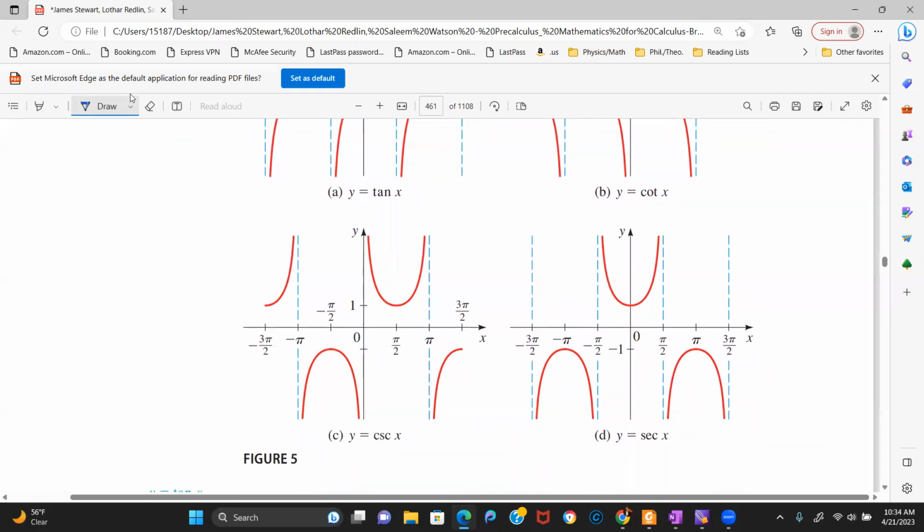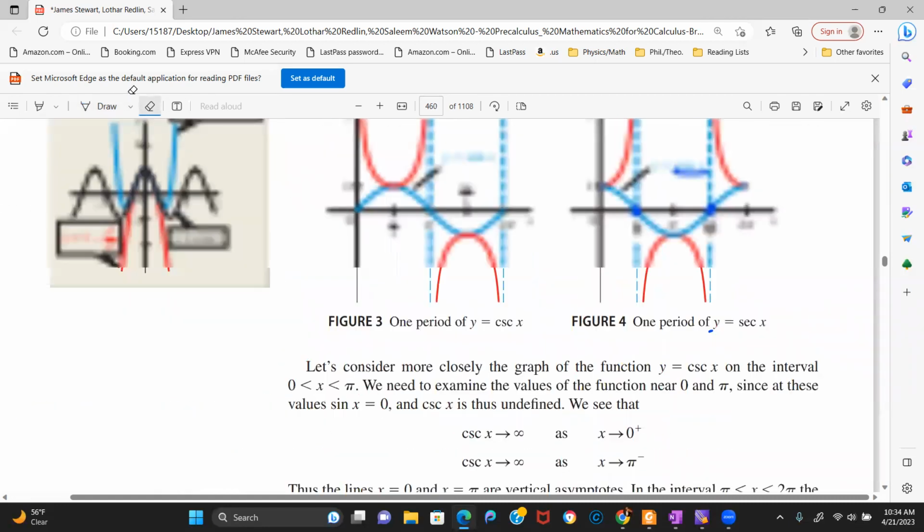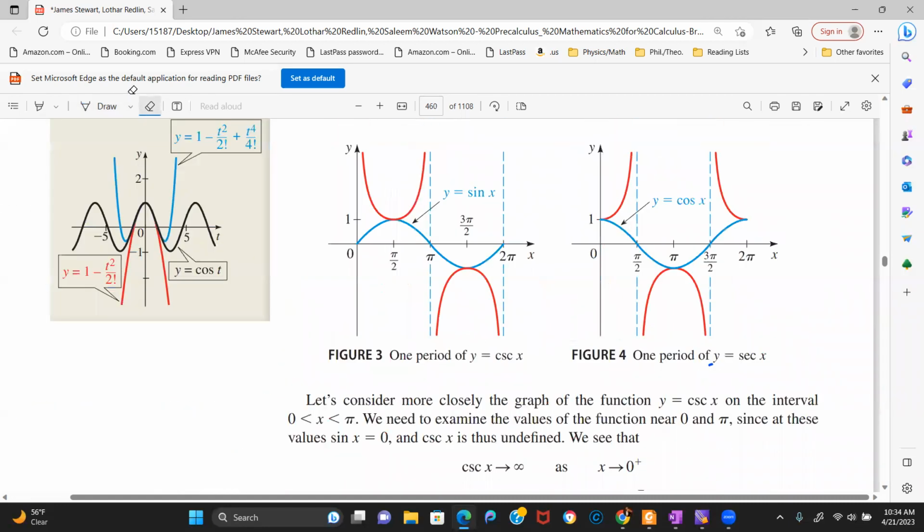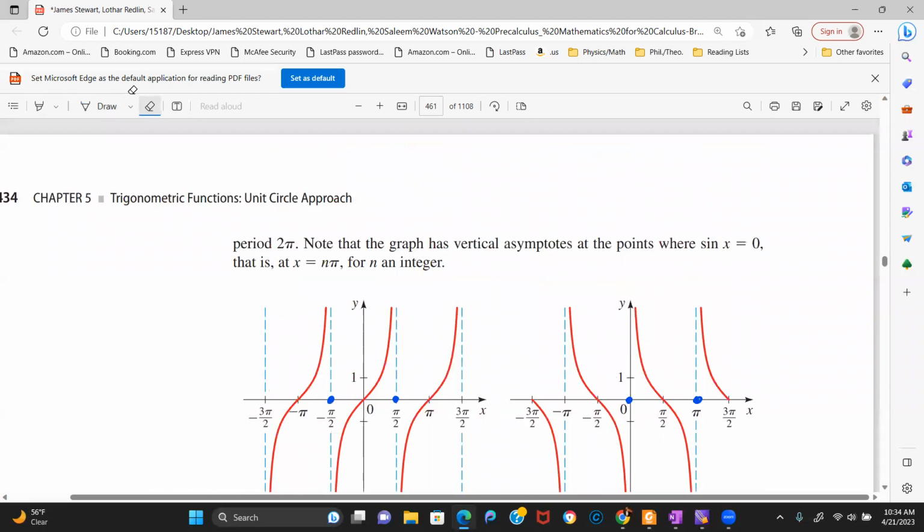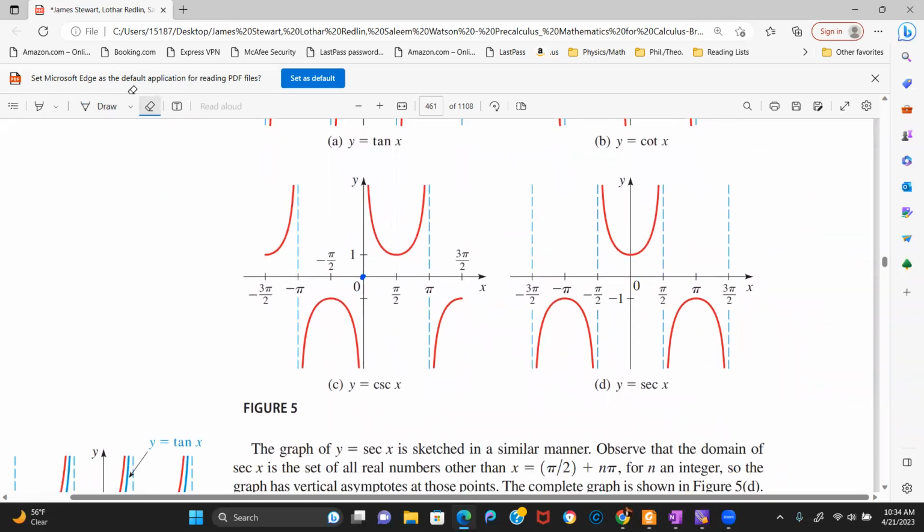And we saw cosecant plotted from 0 to 2 pi in both cases. They didn't mark 2 pi on here. I don't know why.